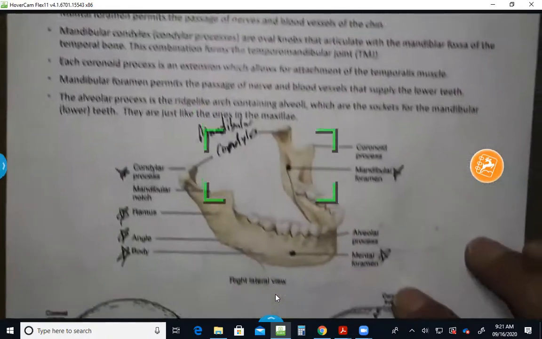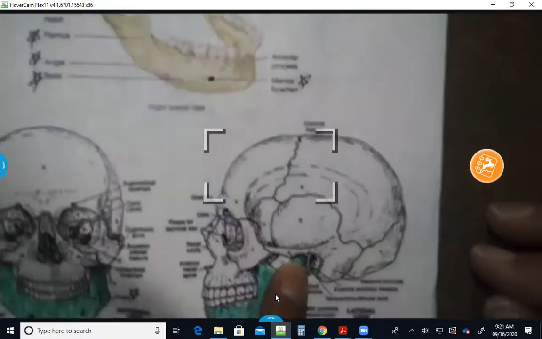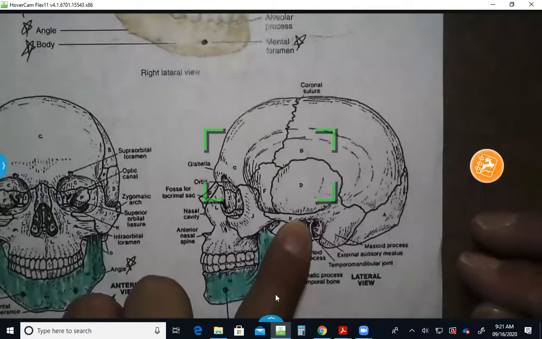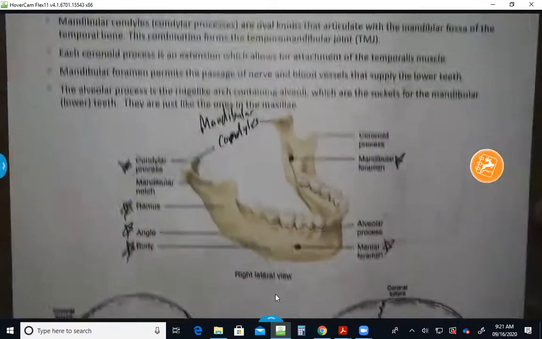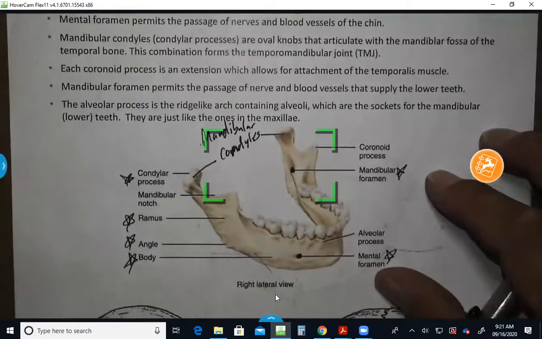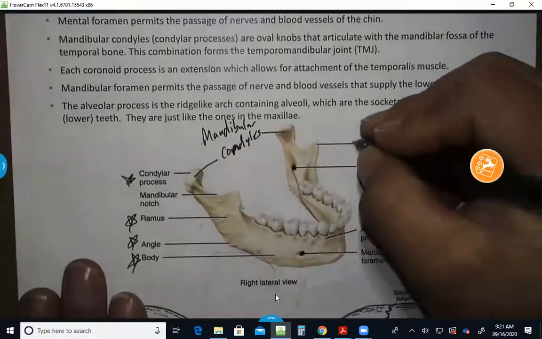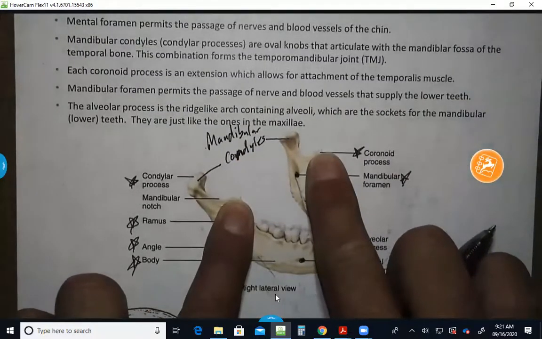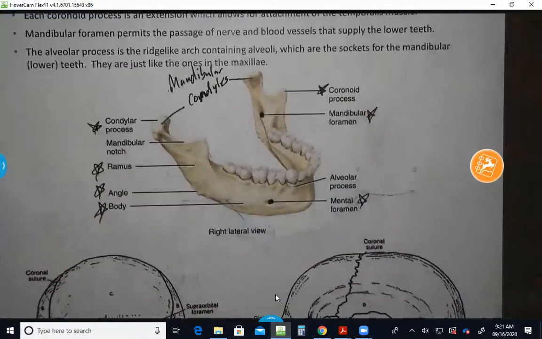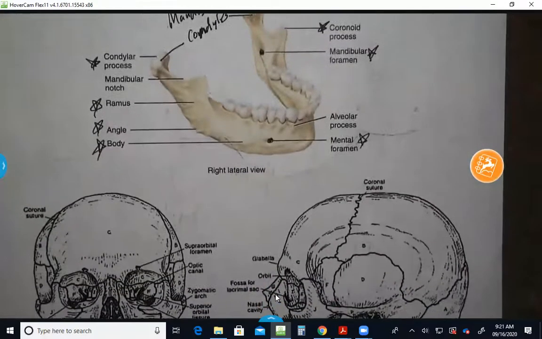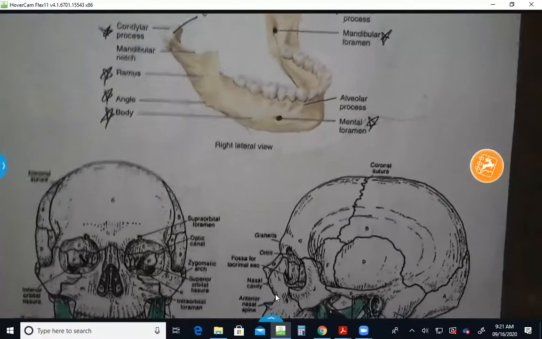Oval knobs, and they fit right there with that temporal bone that we talked about to form our TMJ, temporomandibular joints. Don't confuse the mandibular condyles with the little points here called the coronoid processes, which are points of attachment for your temporalis muscle, that muscle I was talking about the other day. Comes down from our temporal lines to right there.